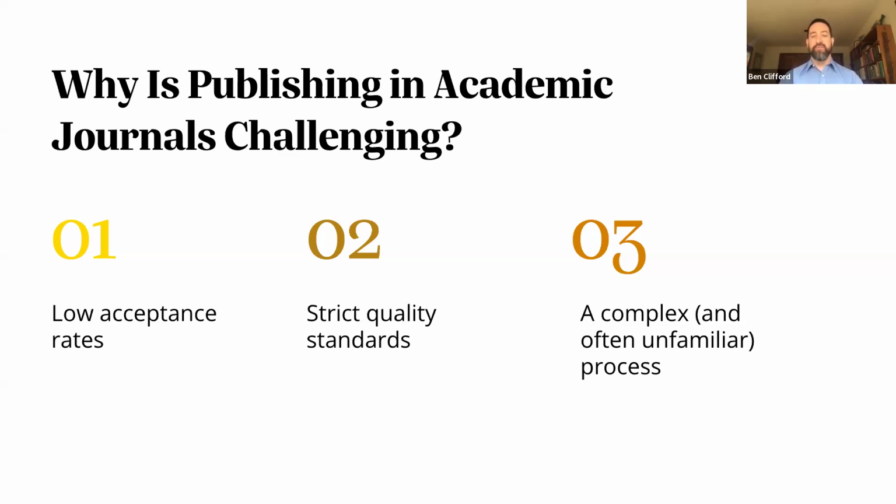These less selective journals, the 40% group, would likely be those that focus on narrower subject matter. So they simply get fewer submissions and can accept more of the ones that they do get.